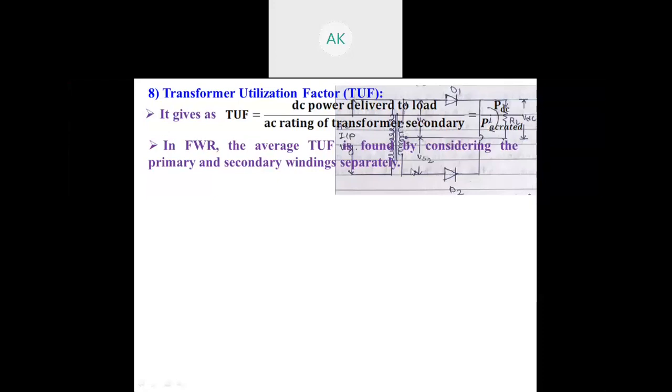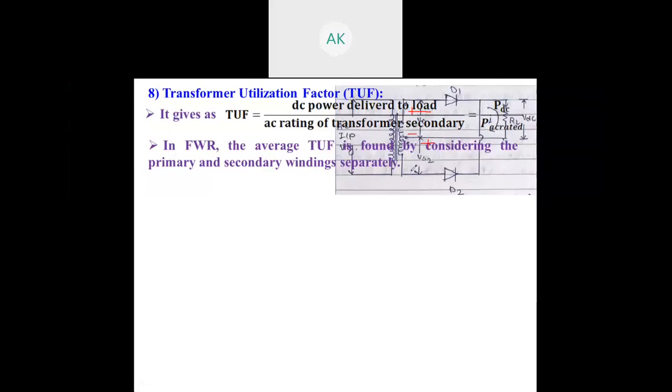So during the positive half cycle, this one is positive, and this is negative.